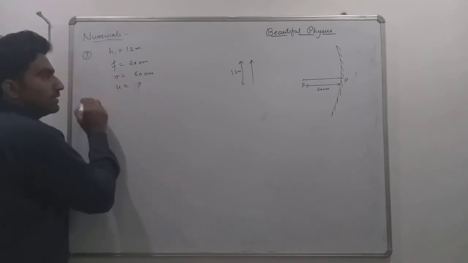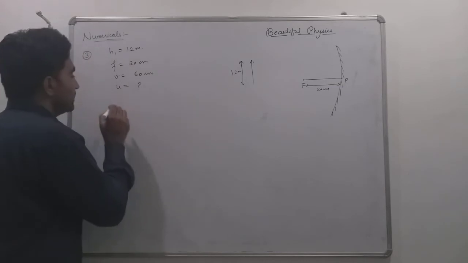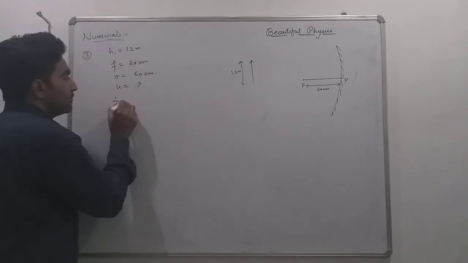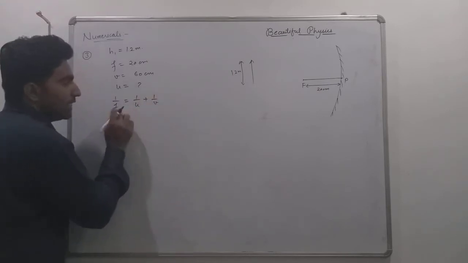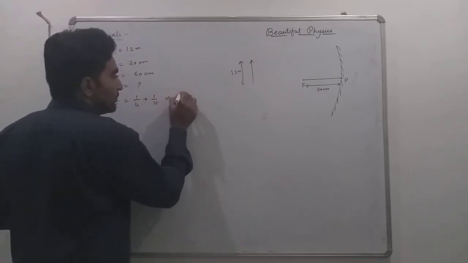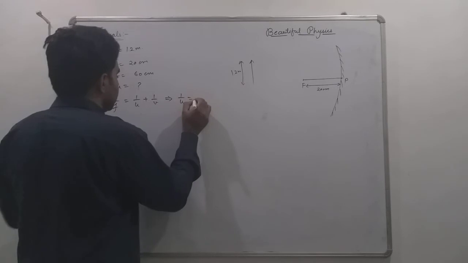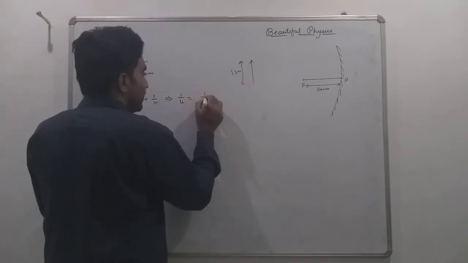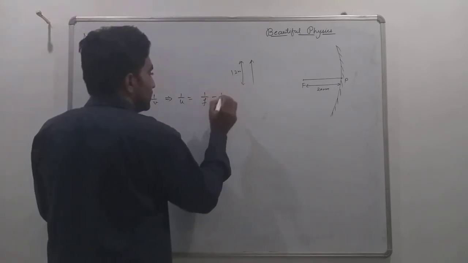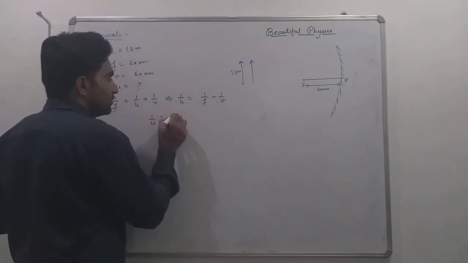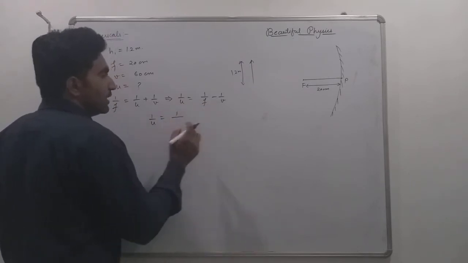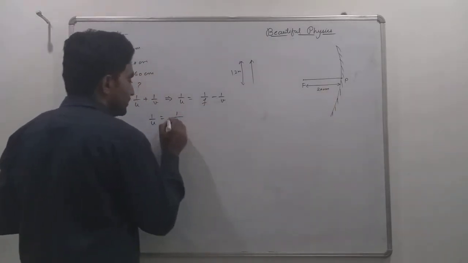Let's take again the mirror formula, 1 by f equals 1 by u plus 1 by v. Here we have to find the value of 1 by u. So 1 by u will be equal to 1 by f minus 1 by v. So 1 by u is equal to, in place of f we can put the value minus 20.